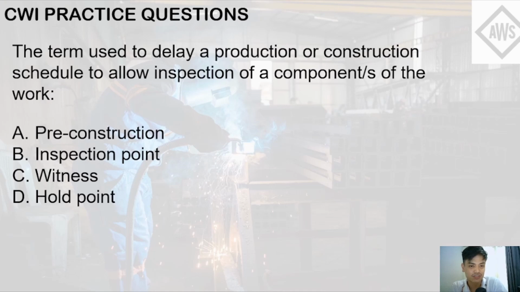Pre-construction doesn't align with what the question is asking for. Inspection point is a more general term for this one. Witness is one of the points that is indicated in the inspection test plan. D, hold point. Basically, this is the answer. It delays the production or construction schedule to allow inspection of a component.